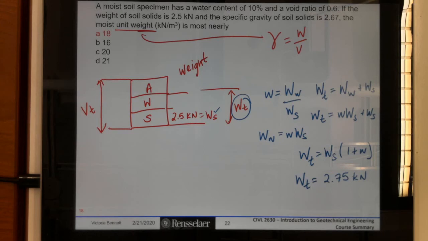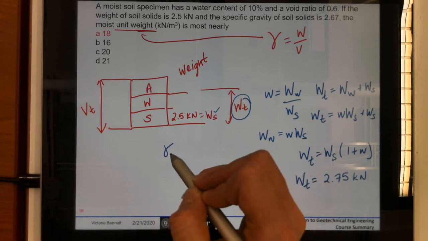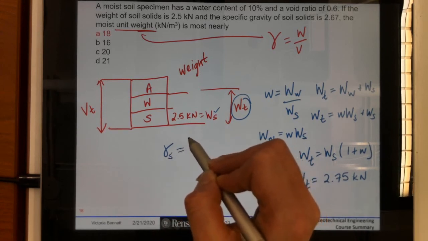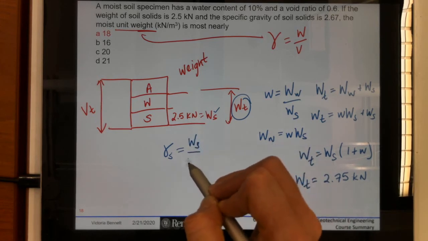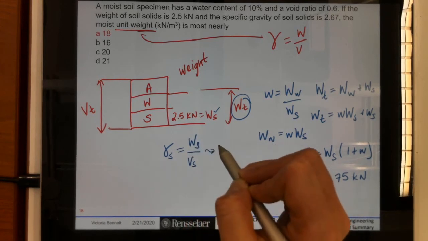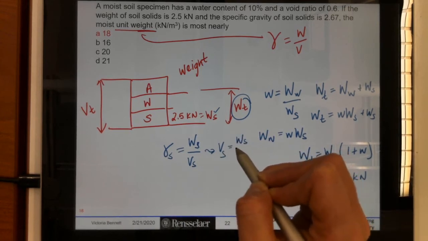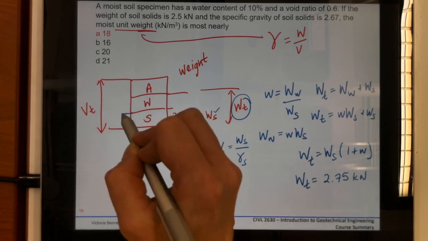So I'm given a void ratio and I'm given a specific gravity of soil solids. So if I'm given a specific gravity of soil solids, I immediately should think unit weight of solids is the weight of solids over the volume of solids. I should immediately think that I have a way of getting to this piece, the volume of solids.